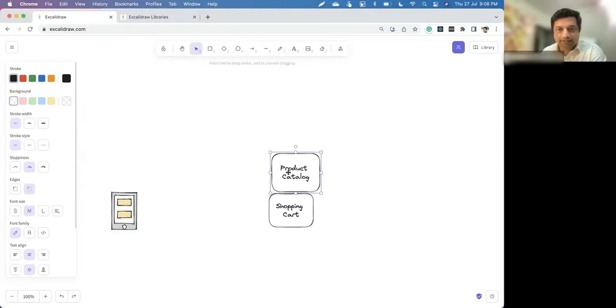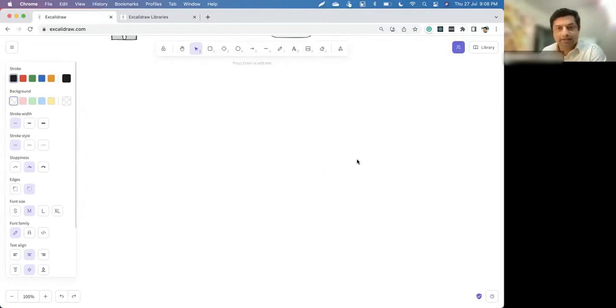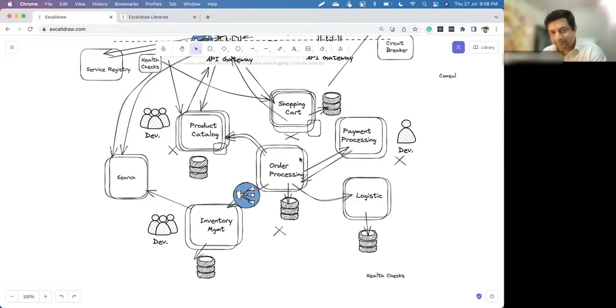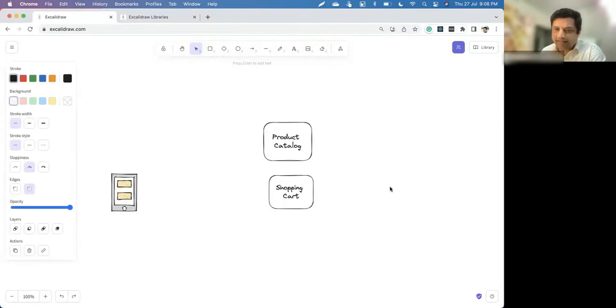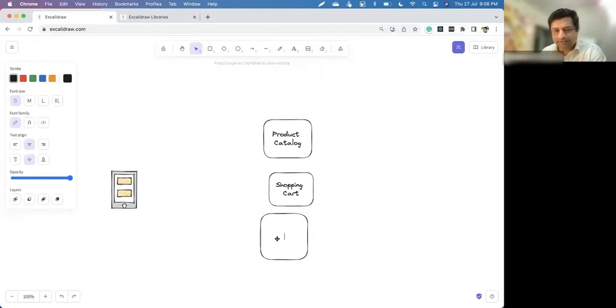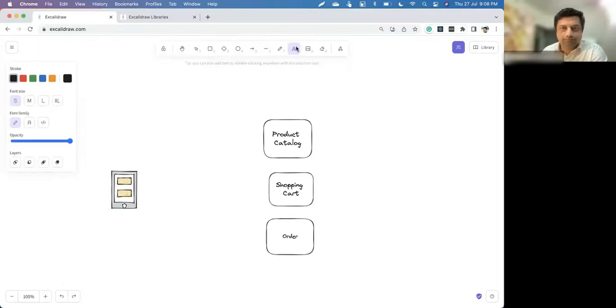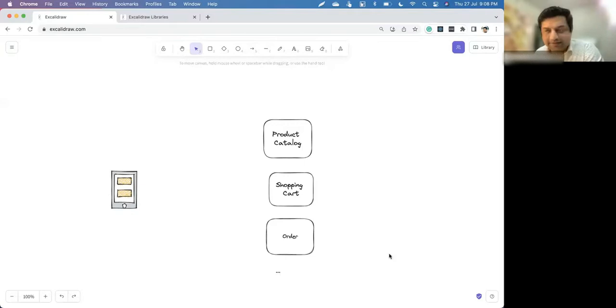Then let's say there is another service which is the order management service, and there may be many more services similarly. So this is individual services.